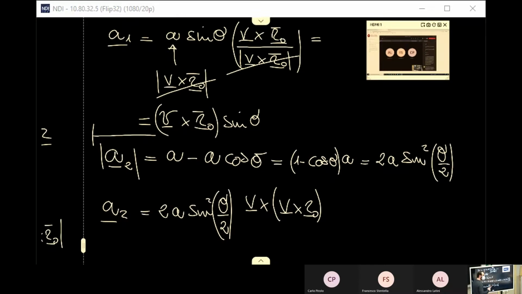But this is not a unit vector, because we need to define a direction again. So we have to divide it by its intensity. What is its intensity? Can you guess it?